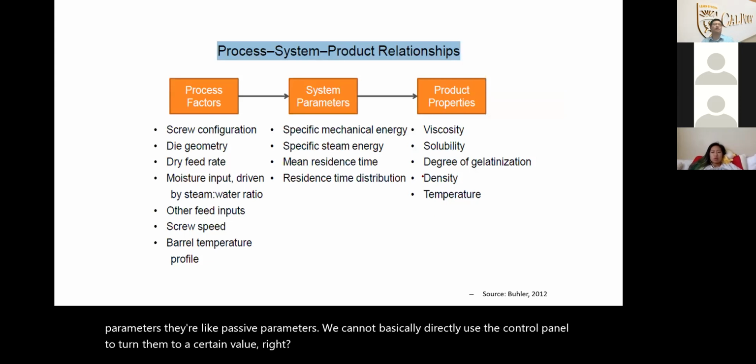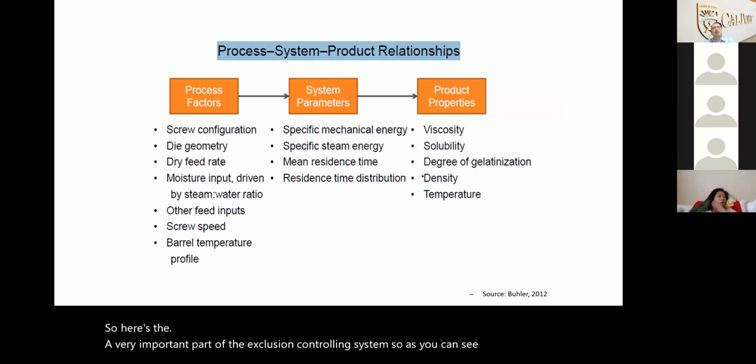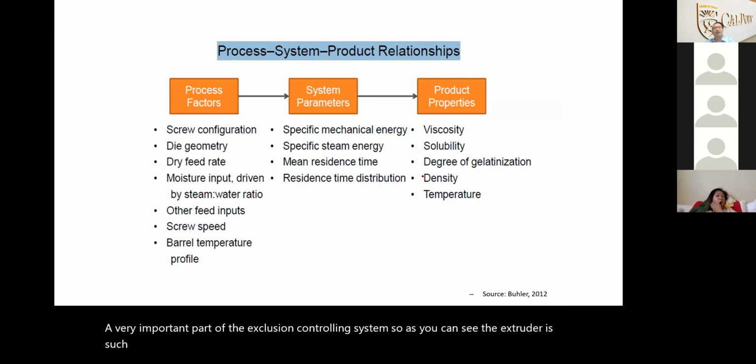So here's the very important part of the extrusion controlling system. The extruder is such a complex system that we can only control a few parameters, and many of them we cannot set to a certain value.